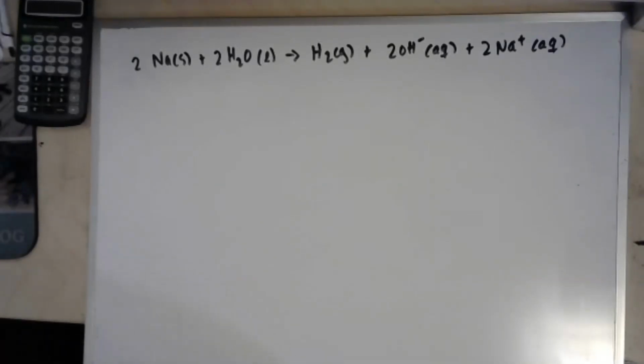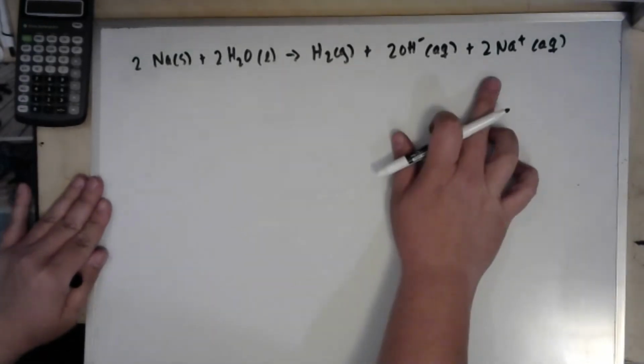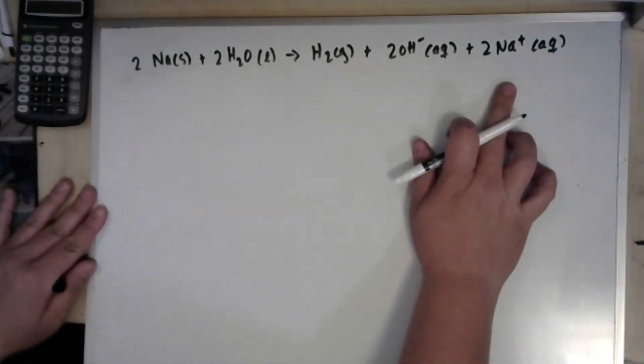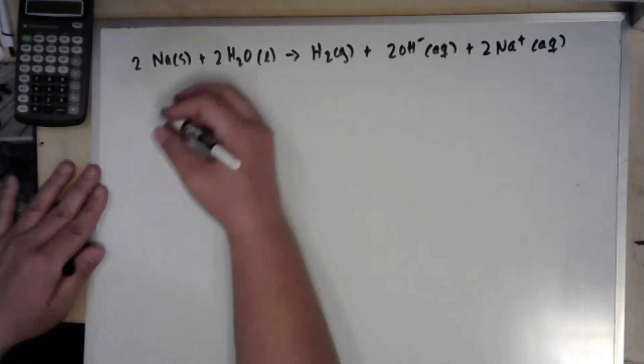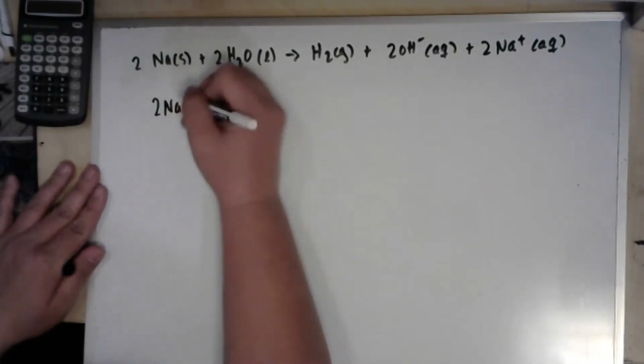Okay, so let's start by separating these into our half reactions so we can add them together. We have Na solid going to Na plus, so that's going from 0 to +1. That's going to be oxidation. So we have 2 Na.